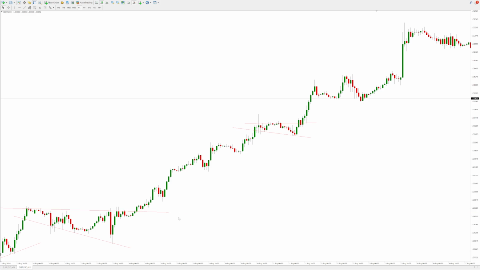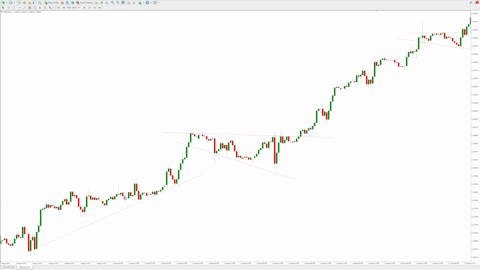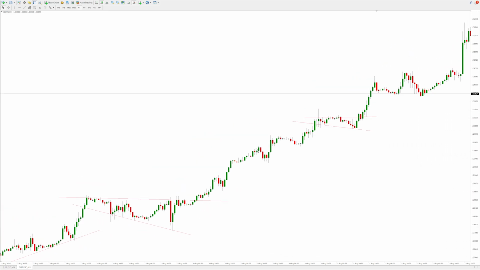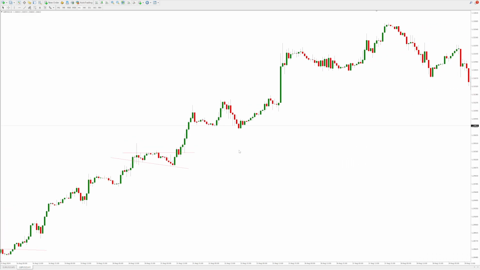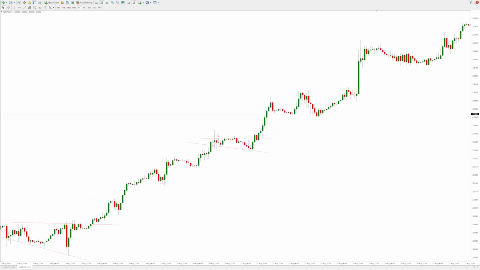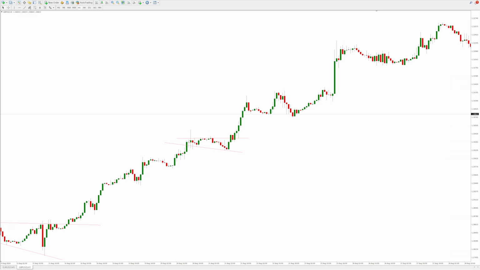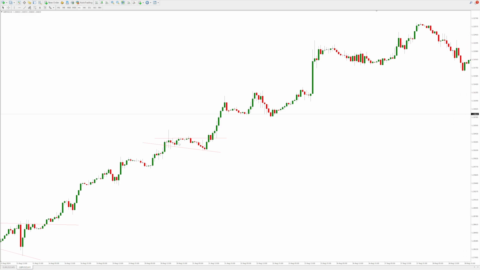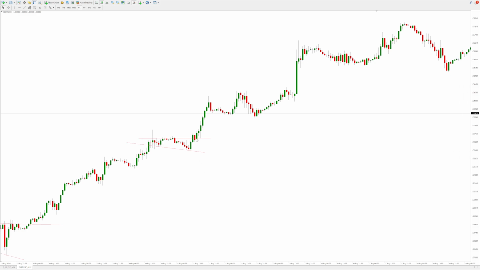But yeah, so that's one. That would have been one entry on this uptrend using the broadening wedge pattern, and I've marked another one here. Again, same principle. Resistance, support, price consolidation. Look to trade the breakout. Price could be below the swing low.